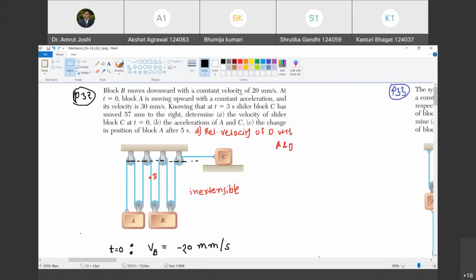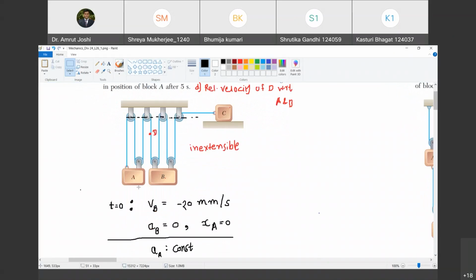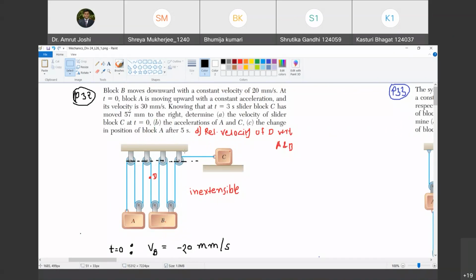Do you agree with me? Yes, sir. So I'm writing down this statement: t equal to 0, velocity of block B is minus 20 mm per second and its acceleration is 0. Happy? Yes, sir.